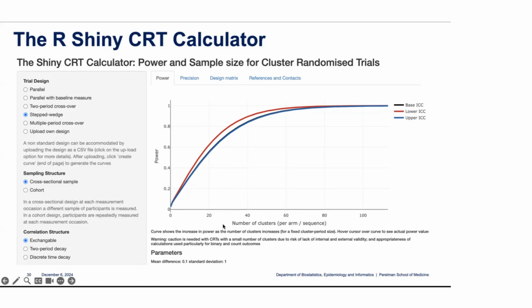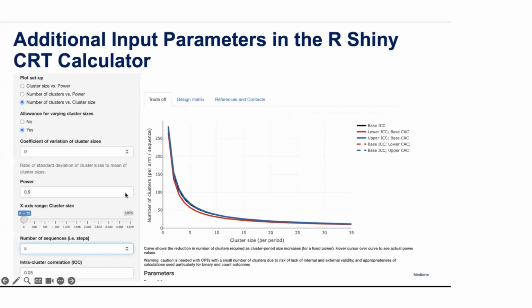So here we see the power as a function of the number of clusters per sequence. And then here we observe additional display options. So you can display the power and sample size considerations as a function of fixing the power and varying the number of clusters versus the cluster size, or as fixing the cluster size and looking at the number of clusters versus the power.